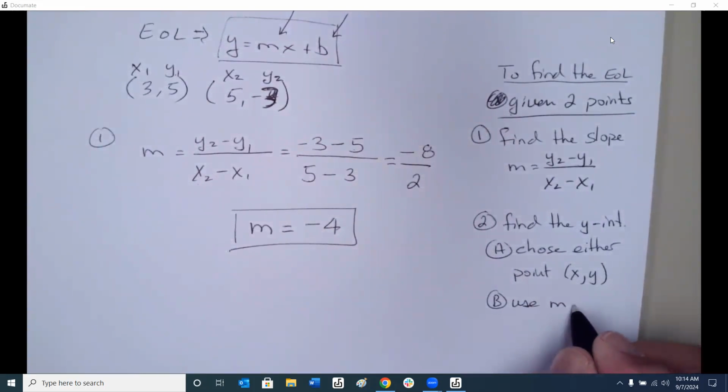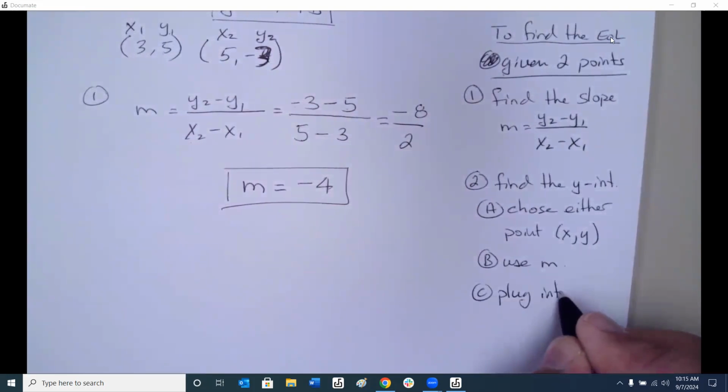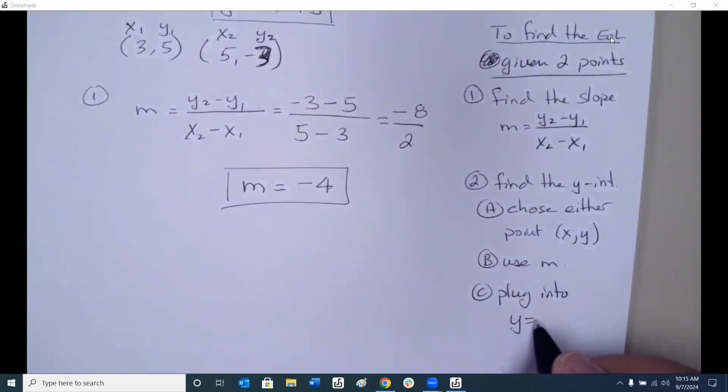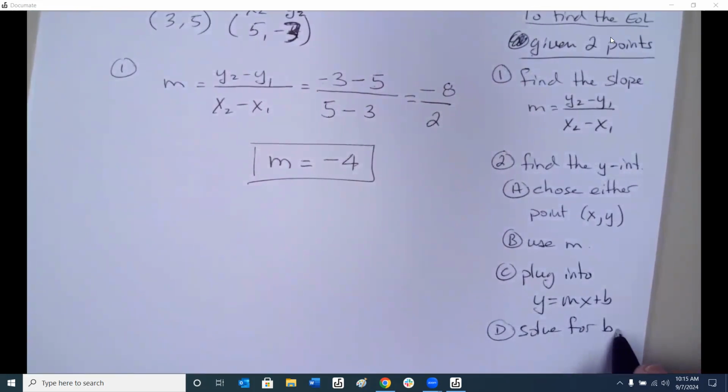Use the slope that you just found. Plug into y equals mx plus b. Solve for b.